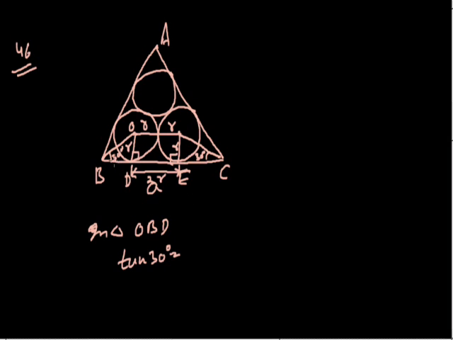So according to this angle 30, OD is the perpendicular and BD is the base. OD upon BD. The value of OD is R. Now the value of tan 30 is 1 by root 3, so 1 by root 3 equals R upon BD.